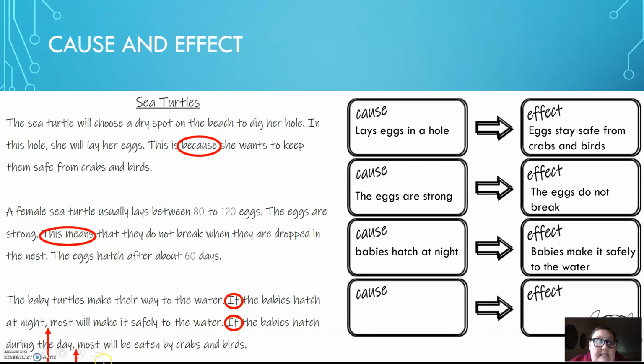And then this next one is the exact same way. It's an if, then, but the then is implied. If the babies hatch during the day, then most will be eaten by crabs and birds. Babies hatch during the day, babies will be eaten by crabs and birds. I know, it's so sad. Okay, so that's our cause and effect, and those are some of our signal words.